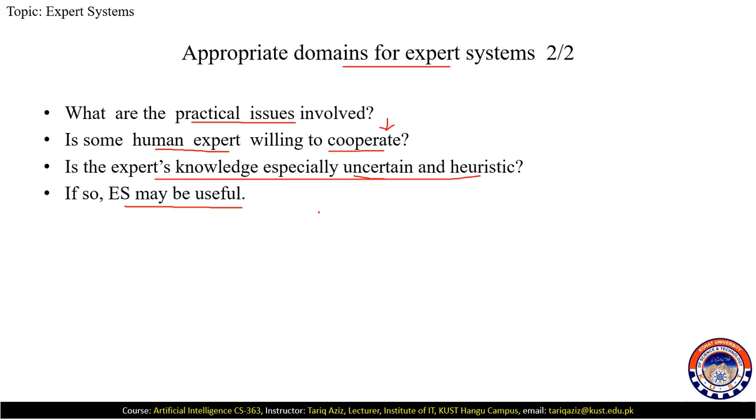Second thing is that our domain must be well bounded, and third thing is that you have to consider these practical issues: whether the expert is cooperative or not, whether his knowledge is well established or not, etc. So based on these questions, you can choose whether to develop an expert system or not.